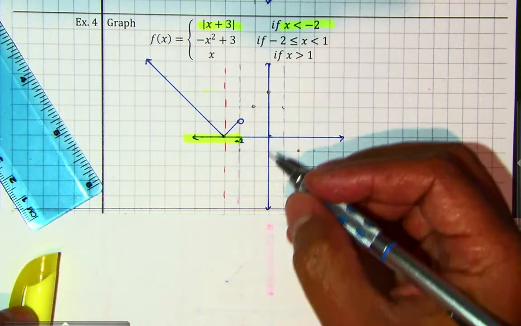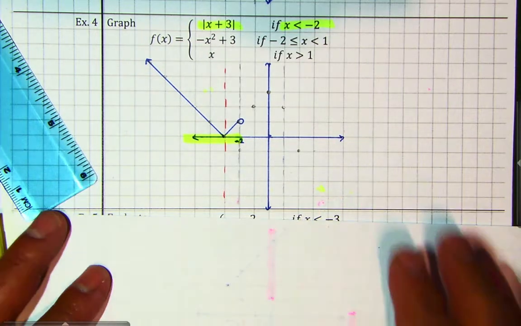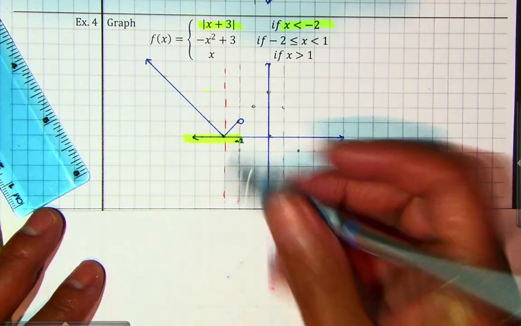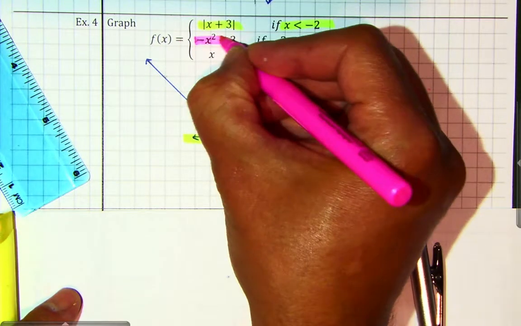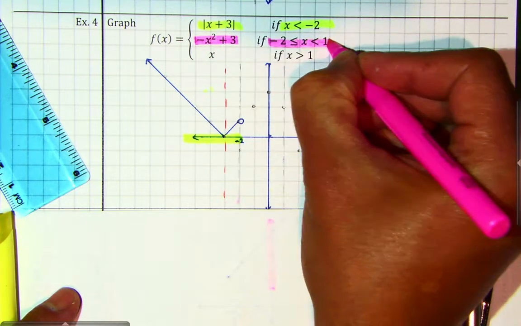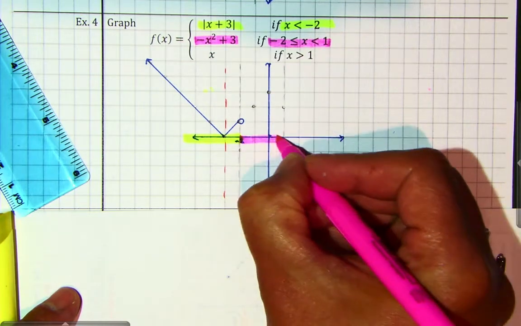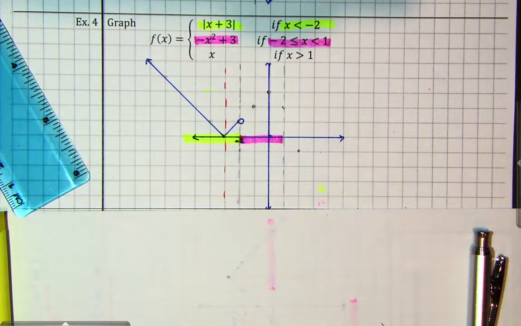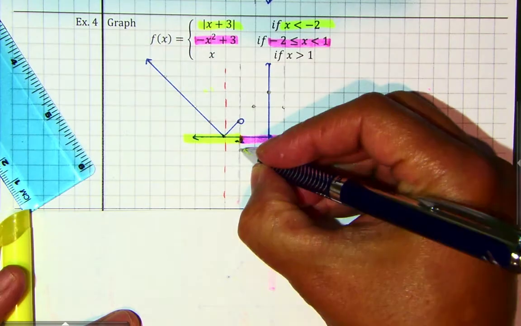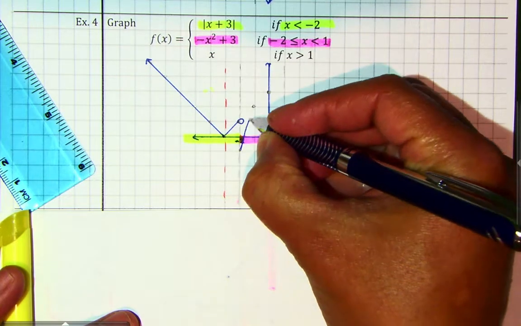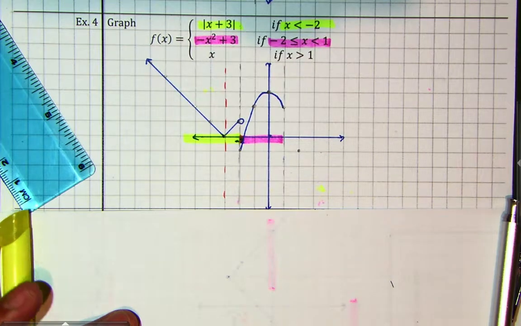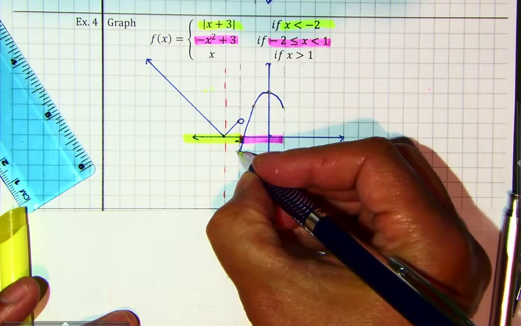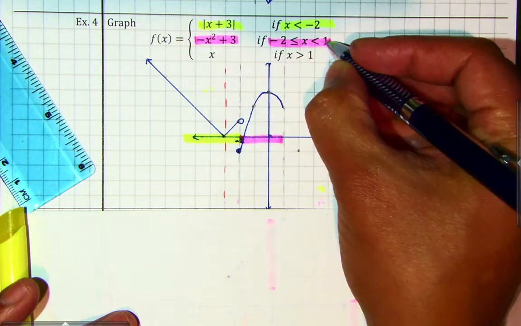And the only piece that I'm keeping is this part, so the domain is from -2 all the way to 1. And I'm going to be keeping that part of the graph. Notice that -2 will be closed and 1 will be open.